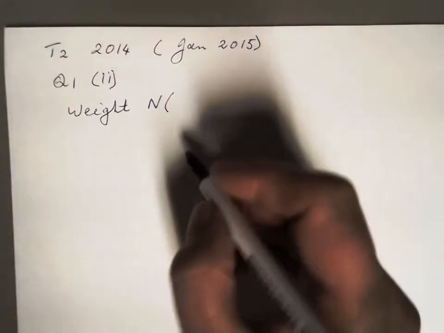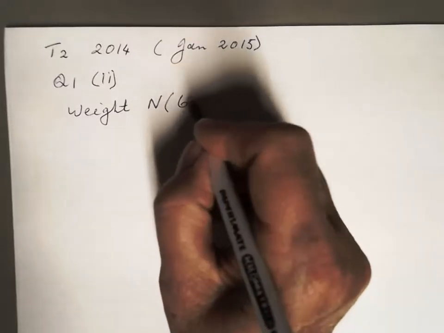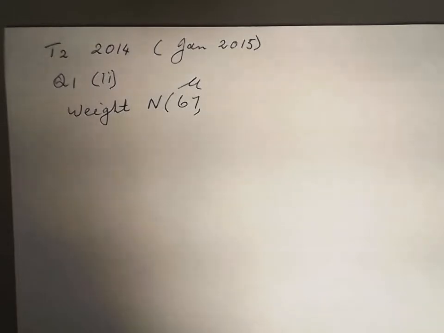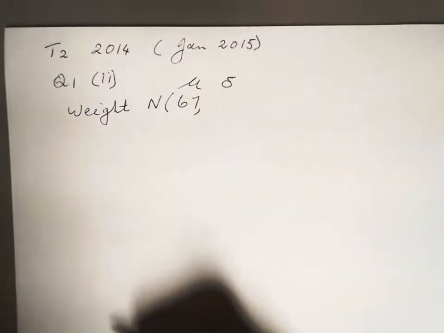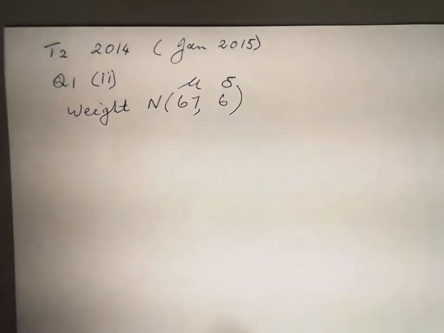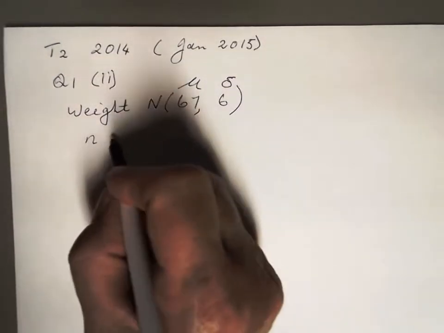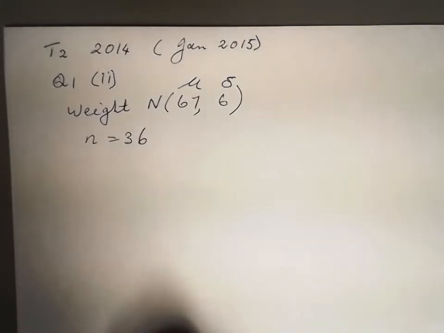And we're told some things about it: the mean weight of all women at a large university is 67 kilograms, and the standard deviation is 6 kilograms. If we took a random sample of 36 women from this population, what would be the 68% chance that a sample mean weight would be between two values?